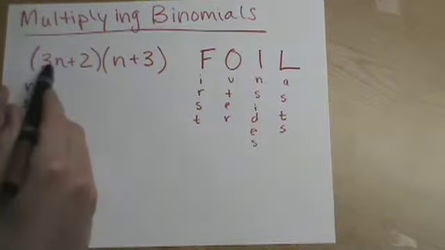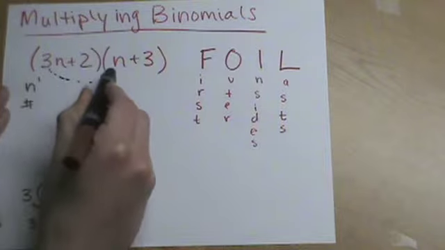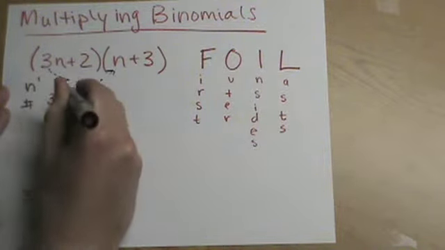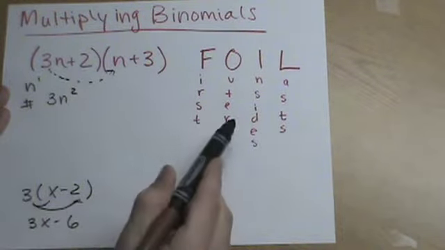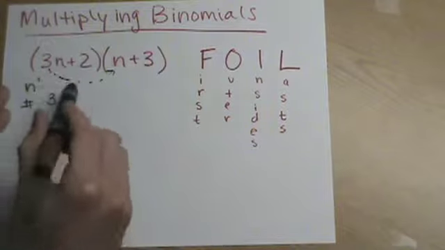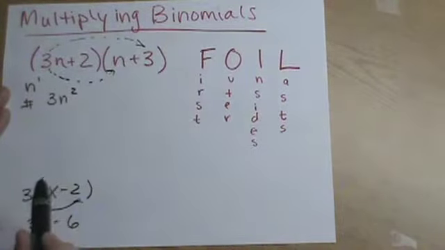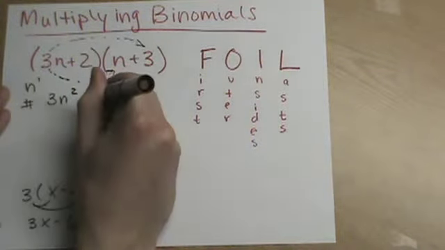First I'm going to take 3n times n. So 3n times n would be 3n squared. Next, do the outers. That means 3n times 3. So 3n times 3 is 9n.